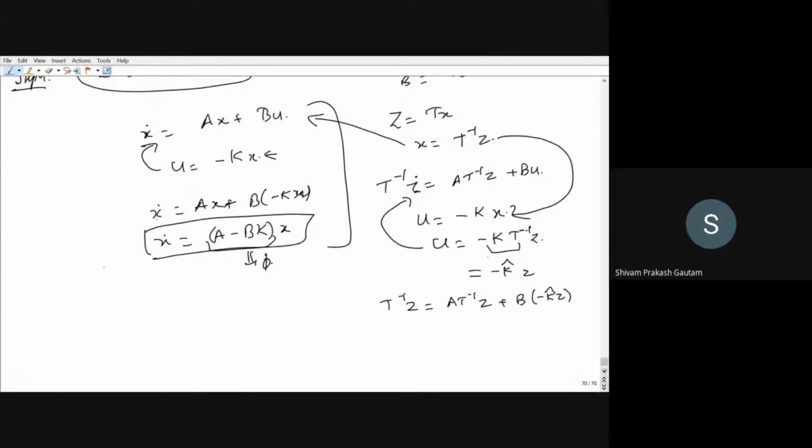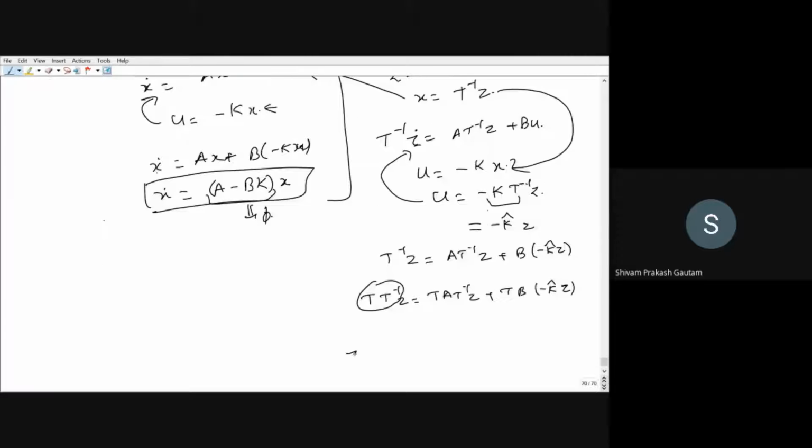right? Multiply both sides by the T matrix. So this will be T into T inverse z dot is equal to T A T inverse z plus T into B minus k cap z. So this T inverse and T will cancel out and become the identity matrix.